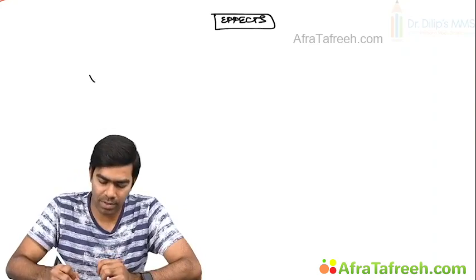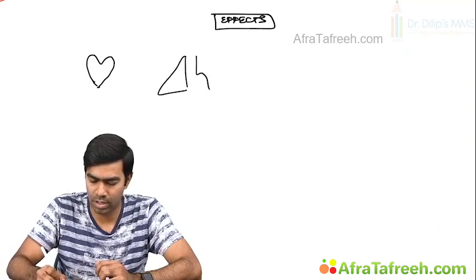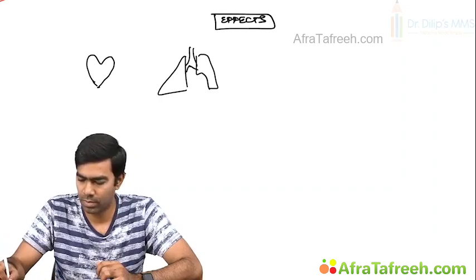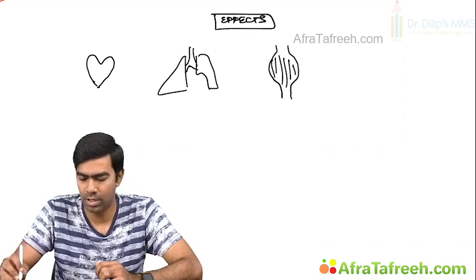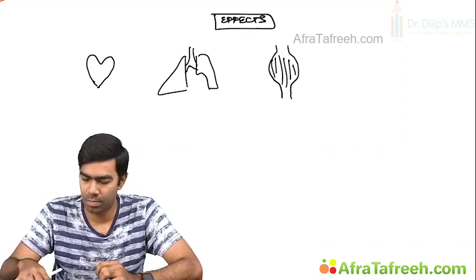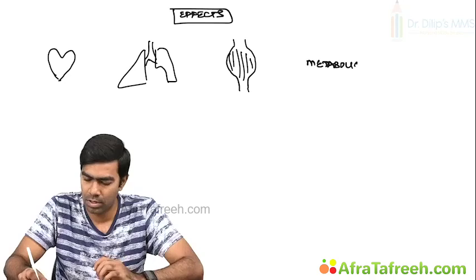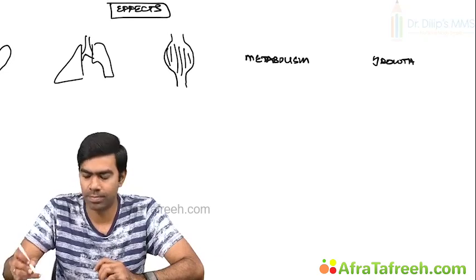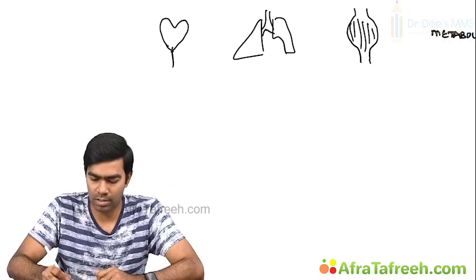Remember, effects can be divided into effects on the heart, the effects on the lungs, the effects on the skeletal muscle, the effects on the metabolism, and the effects on the growth as well. Clear? First, what are the effects on the heart?